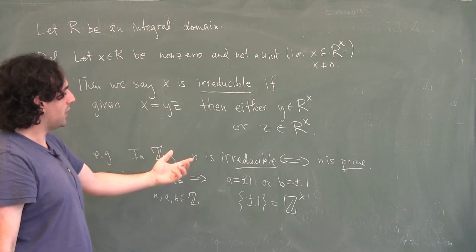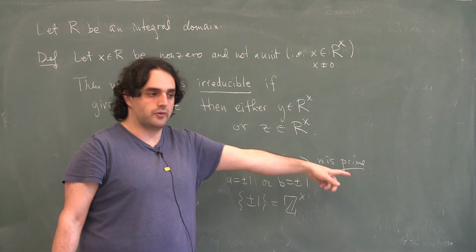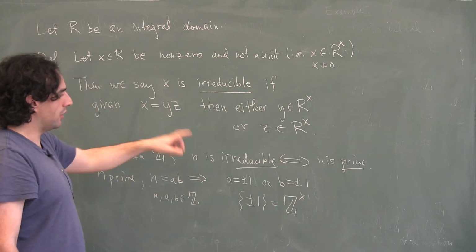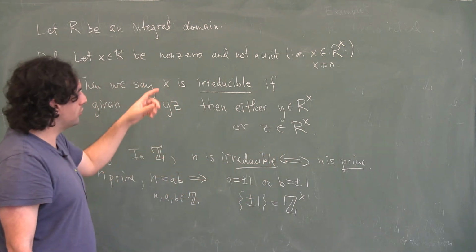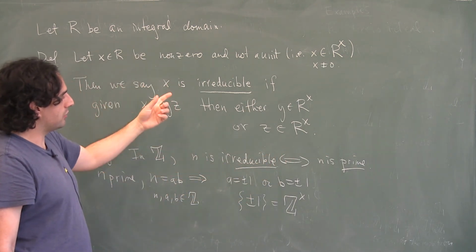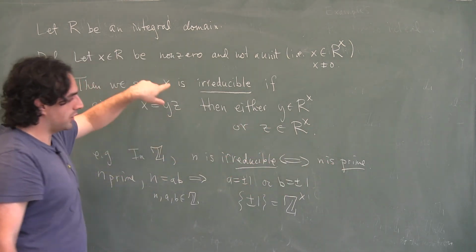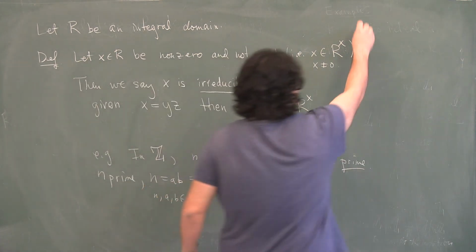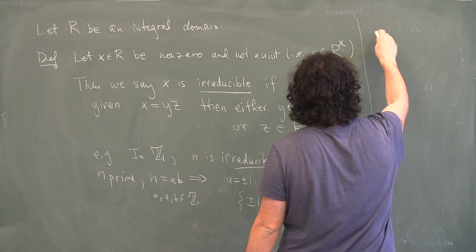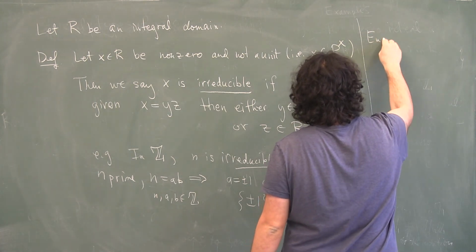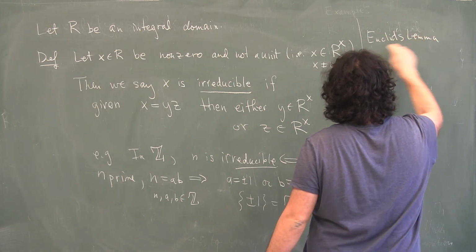Okay? Now you might ask, why did we call it irreducible and we didn't just call it prime? Because in the integers we call them prime, not irreducible. And the point is that there are actually two ways that we can generalize the notion of a prime number. One is what I just wrote down. The other property of a prime that we have is, recall Euclid's lemma.